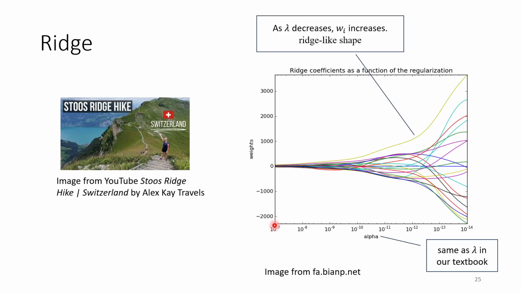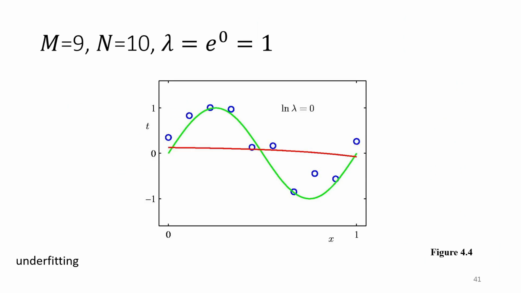If we set a very large lambda, then all coefficients will be suppressed to very, very small values. In this case, it will be like this one. W0 is very small, W1 is very small, W2 is very small. So the curve looks like a line very close to this horizontal line, and the slope is also very small.